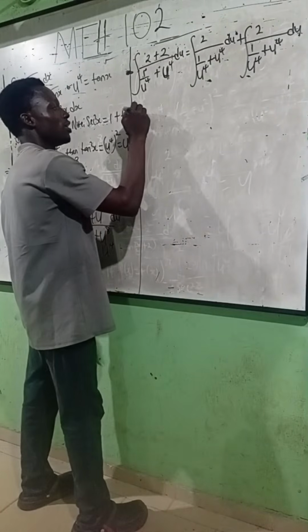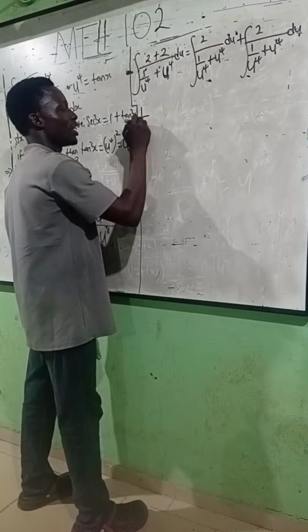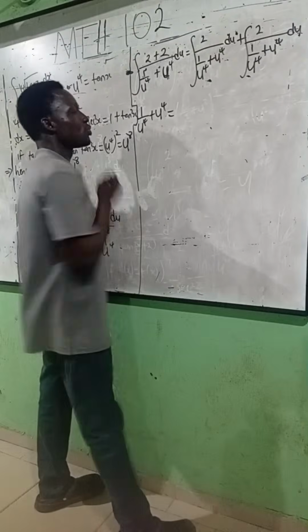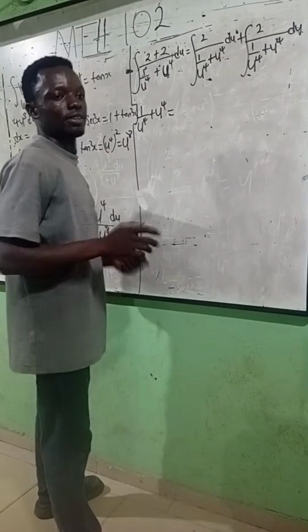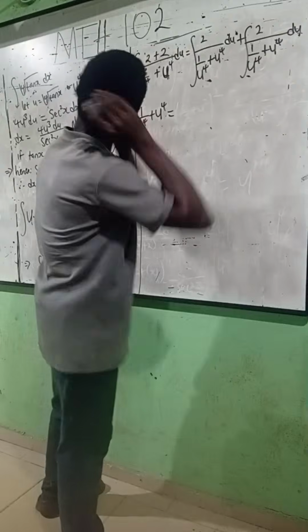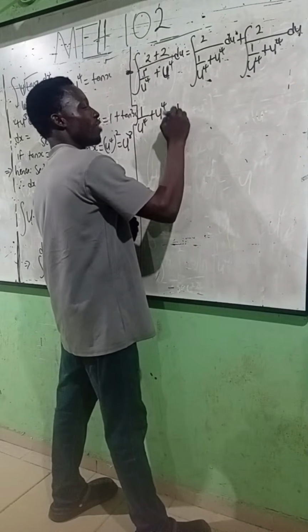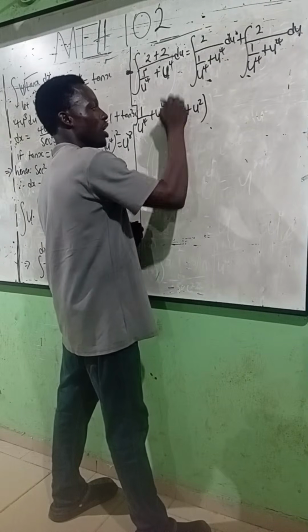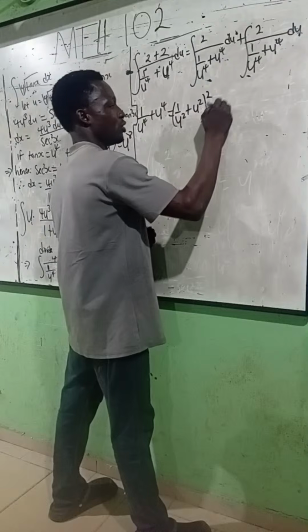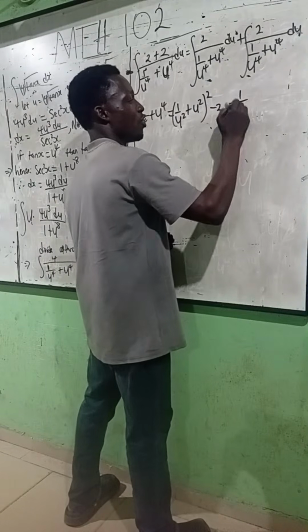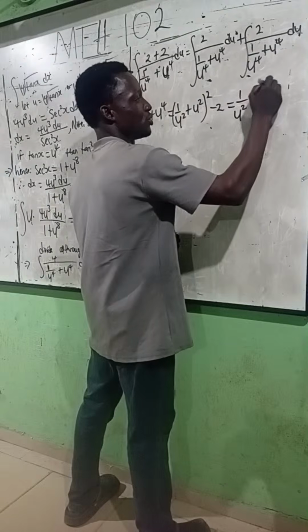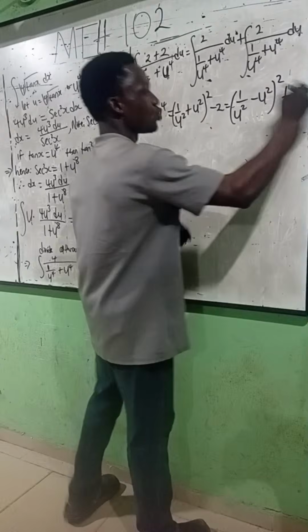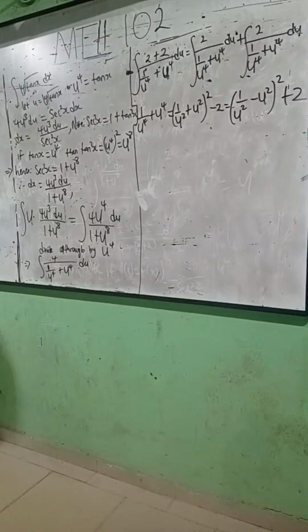So note 1 over u4 plus u4 is equal to 1 over u square plus u square all into square minus 2, which is also same thing as 1 over u square minus u square all into square plus 2.